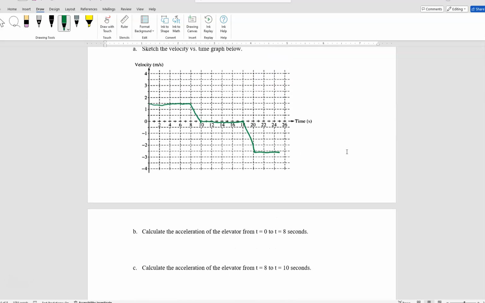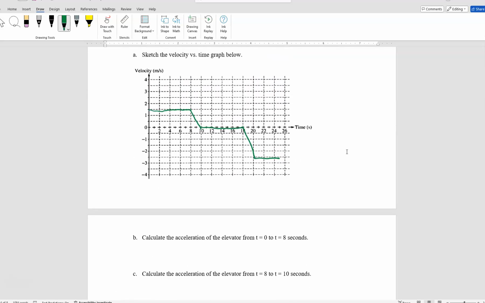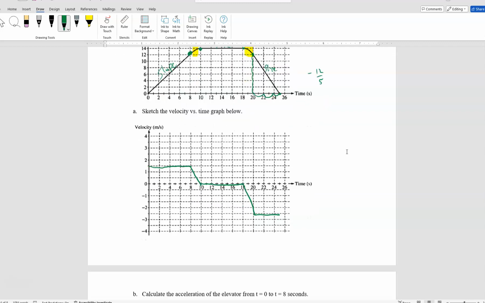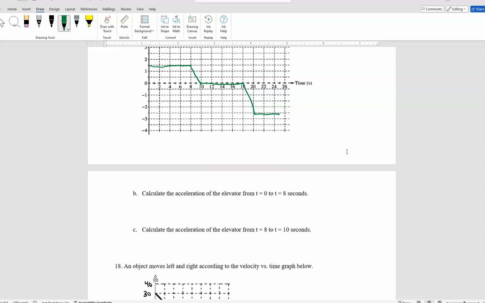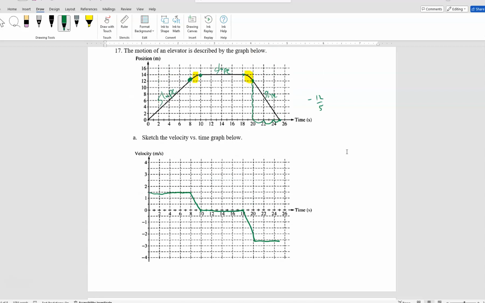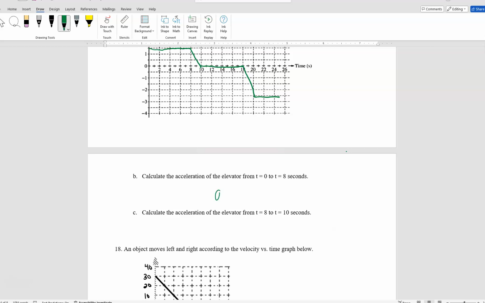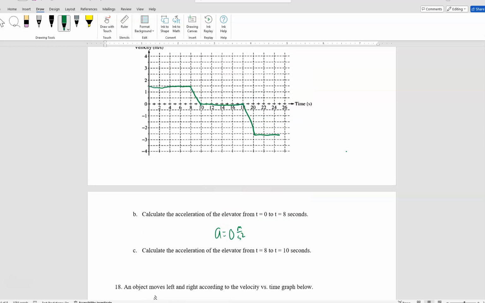Calculate the acceleration of the elevator from 0 to 8 seconds. Well, from 0 to 8 seconds, it's got a constant speed, so the acceleration is equal to 0. And then the acceleration from 8 to 10 seconds.